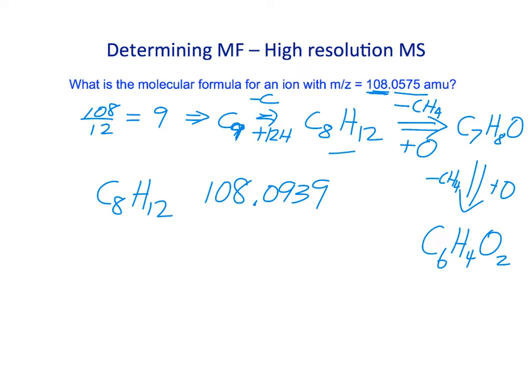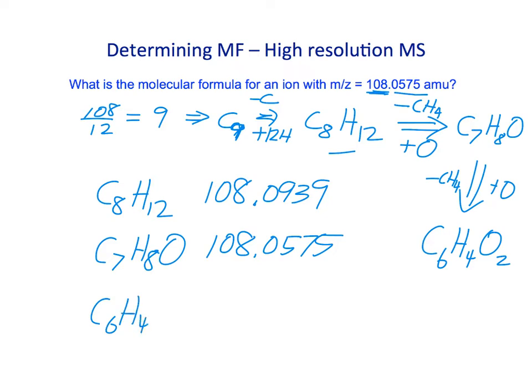If we do the next one, C7H8O, we add all that up, 108.0575. If we added them up for C6H4O2, it adds up to 108.0211. So all of these formulas, if we were just adding them up to unit numbers, they all add up to 108.